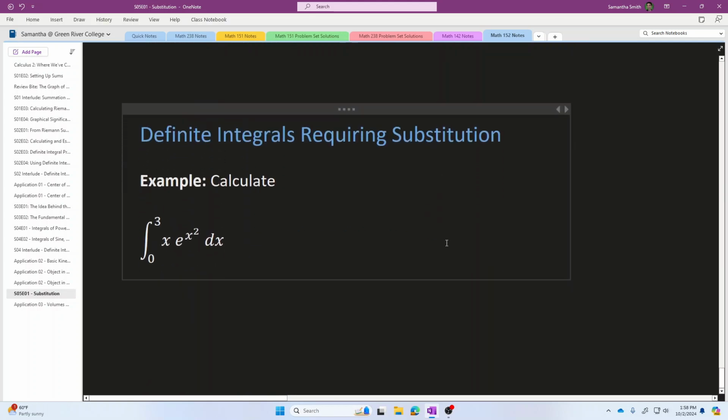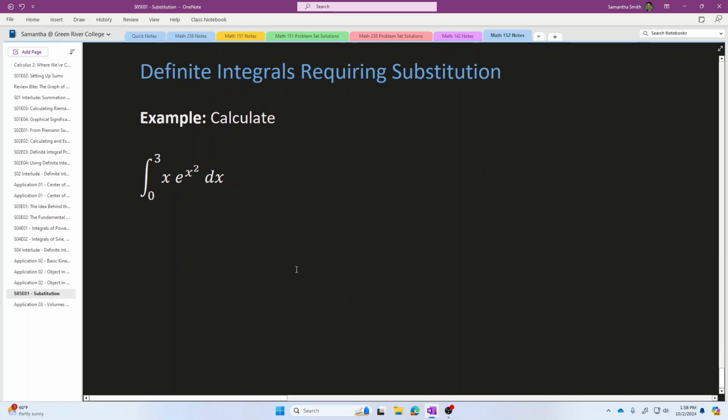So to finish this main video, all I'm going to do is show you how method of substitution can be used to calculate not only indefinite integrals, but also definite integrals. So for an example, someone says calculate the definite integral of x times e to the x squared dx from 0 to 3.